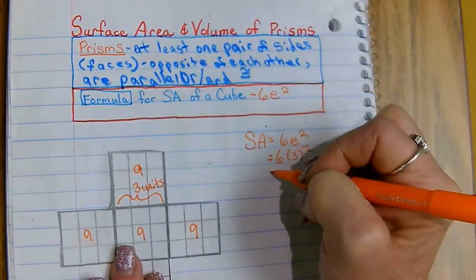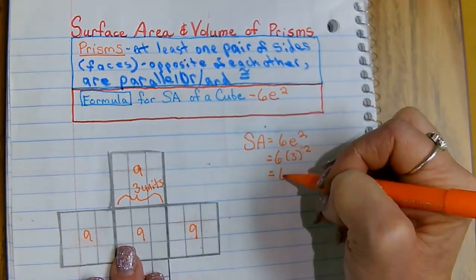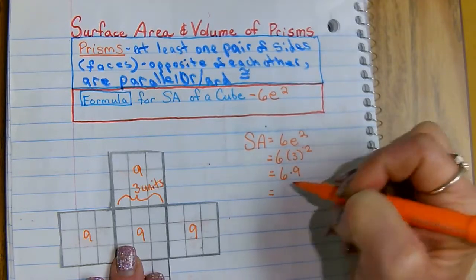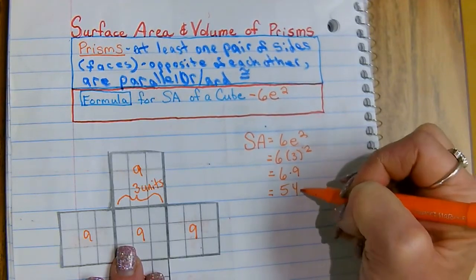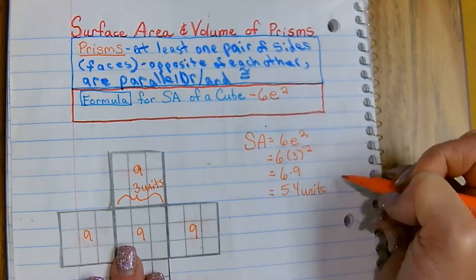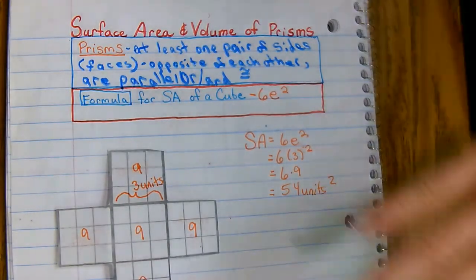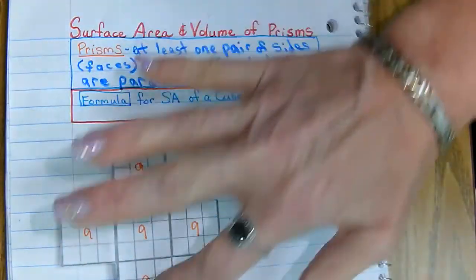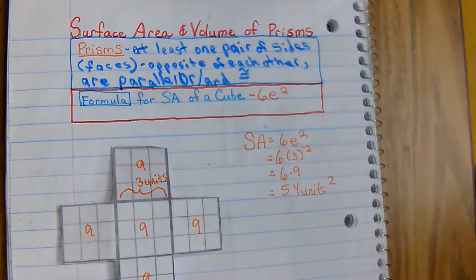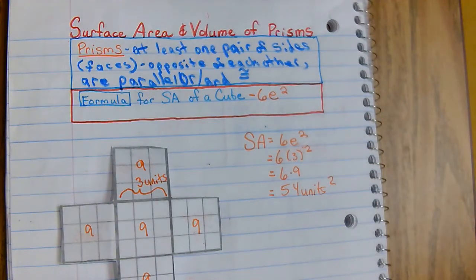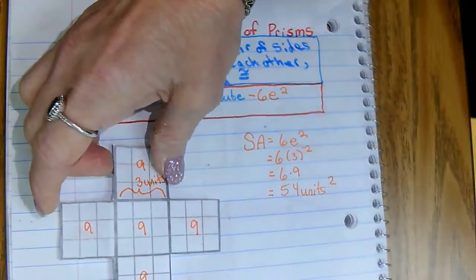So then that means there's 6 sides. 6 times 3 squared is 6 times 9, which equals 54 units squared. Just like that. And that's how you find surface area. You're not finding anything but the measures of all the areas of the sides added together. Because if you add all these up, you will also get 54. That's why I didn't glue this down yet.